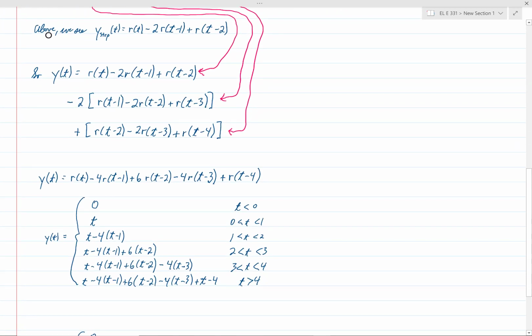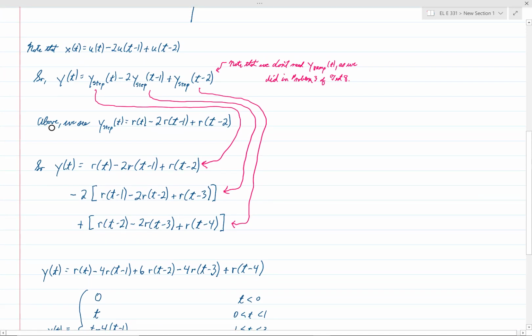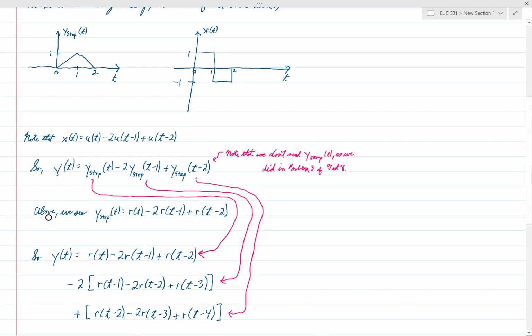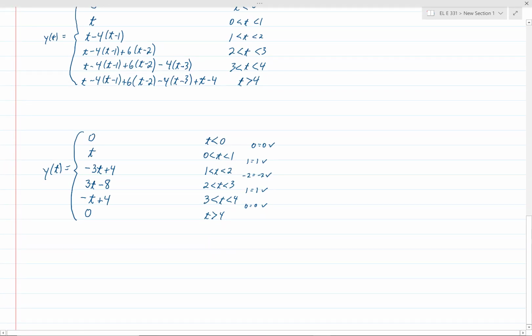I guess it's not perfectly clear here that we're performing an integral. We're going to see in just the second part of this lecture that this answer could be obtained by integration.